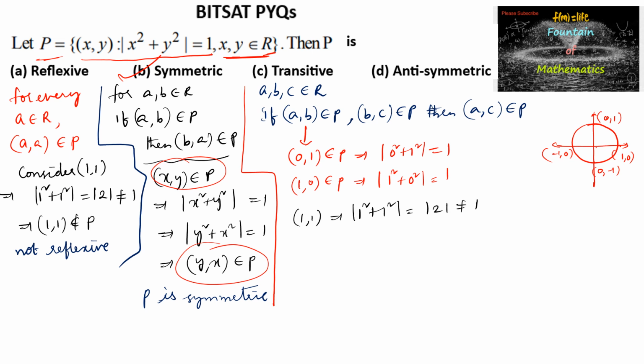So let me write here: (1, 0) belongs to P and (0, 1) belongs to P, which implies (1, 1) does not belong to P, and hence we can say the relation P is not transitive.